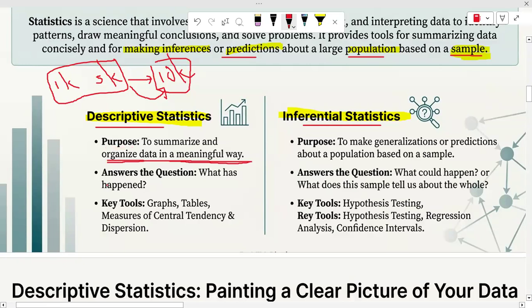In descriptive statistics, you may see the average number of students in the class, the average marks for a subject, the rank, the maximum marks, the minimum marks, how many likes on average per day, how many watching hours per day, how many hours spent on social media per day, per week, per month, how many hours you sleep, maximum, minimum, how much you spend every day on average.